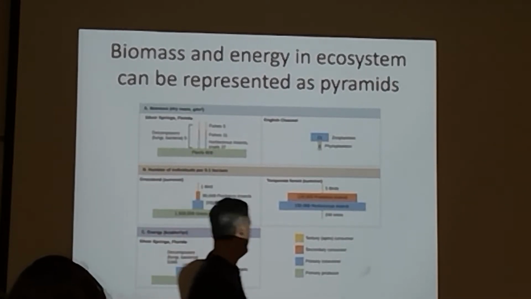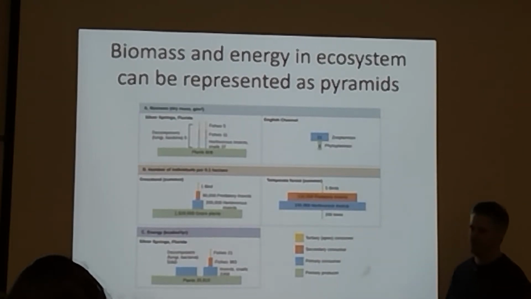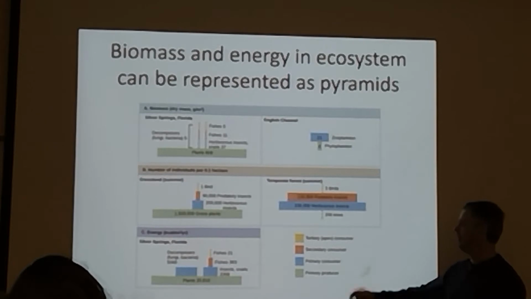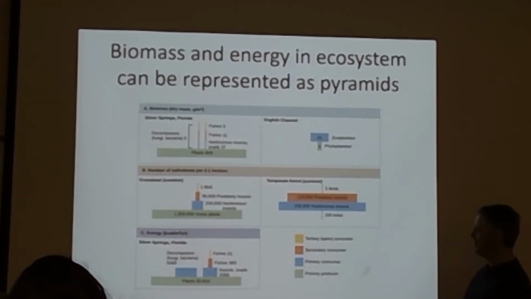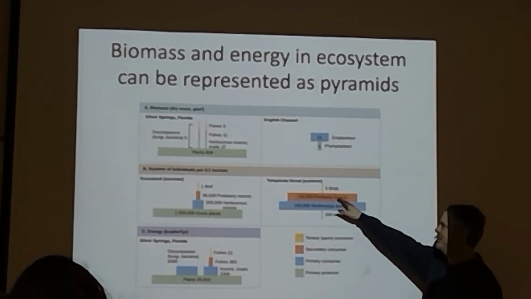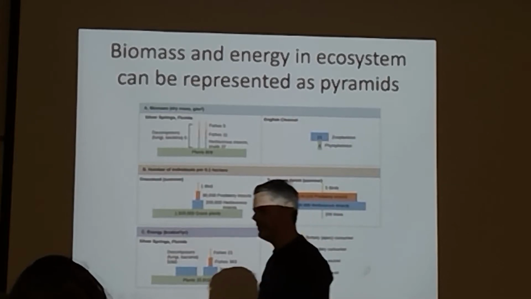So for example, over here in a temperate forest, on a tenth of a hectare, so about a quarter of an acre, we have 200 trees and 150,000 herbivorous insects and 120,000 predatory insects and 5 birds. Not terribly informative.